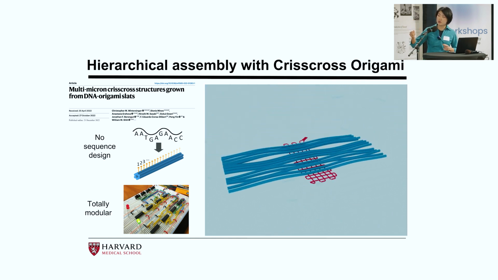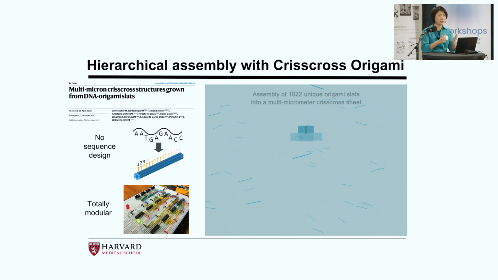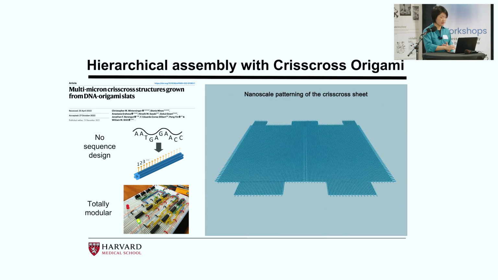The bulk of the structure is made of these blue origamis, we call them slats, and they're forming interactions with one another. One slat can form interactions with many others to achieve a cooperative assembly. This is an advantage for us because this helps to produce that all or nothing assembly. And so individual structures can assemble and achieve these metastructures that are now on the order of microns.